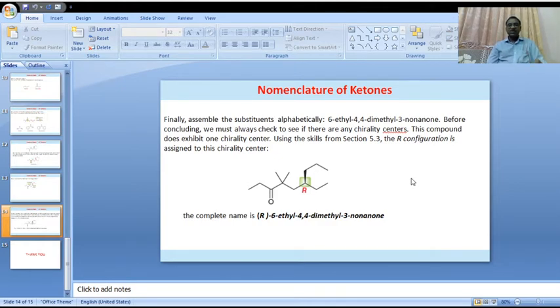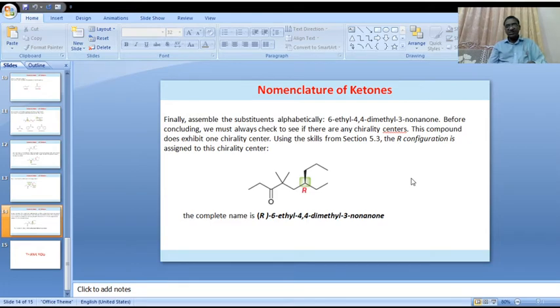For example, the molecular formula C4H8O, n-butyraldehyde and isobutyraldehyde. In these two structures there is a difference in the carbon chain, so it is called chain isomerism.